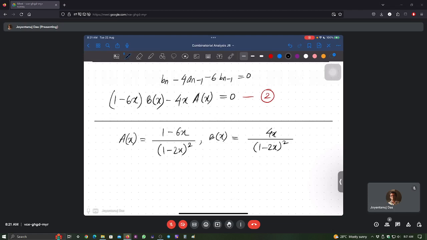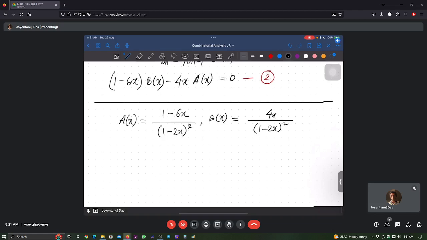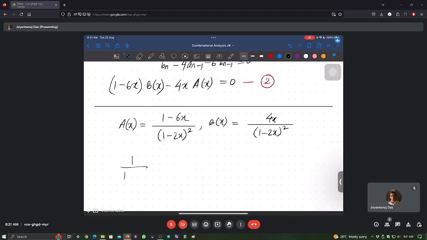We started from i equals 2. Okay, don't think about this one. So just tell me the general one. So 1 minus ax whole square. What will be the expansion?